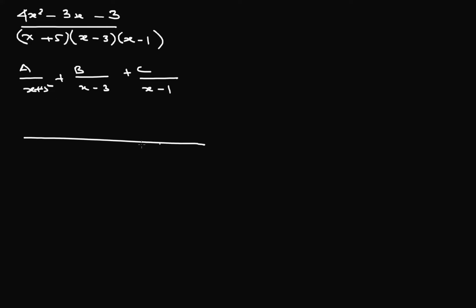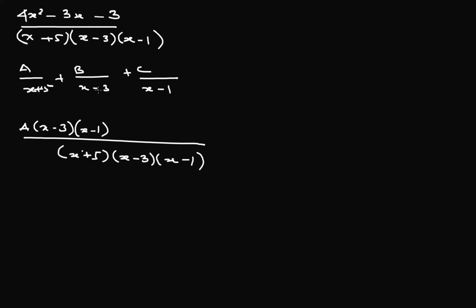So what do we do? We simply create a common denominator, okay? So that's x plus 5, common to all the factors, and then we have x minus 1. If you look at this now, we're going to divide this into here, and then we'll remain with those two. So it'll be A times x minus 3, then x minus 1.